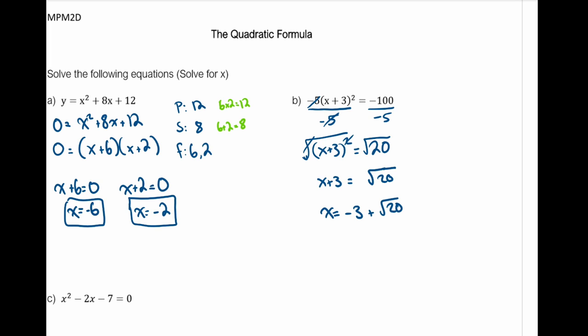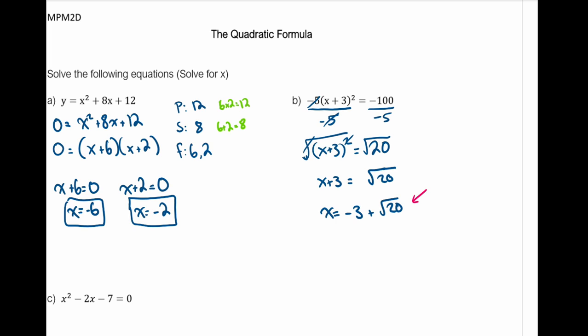Now, usually we're used to having two answers. If we look back at our previous example, we're used to having two answers from our factored form. But in this case, I only seem to have one. We have to keep in mind, though, that the solution to any square root is actually two values.